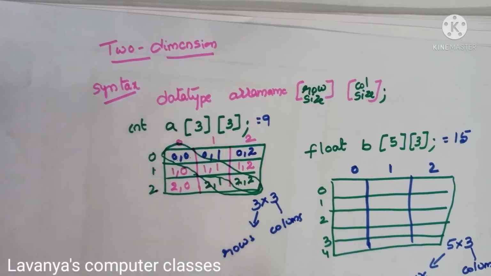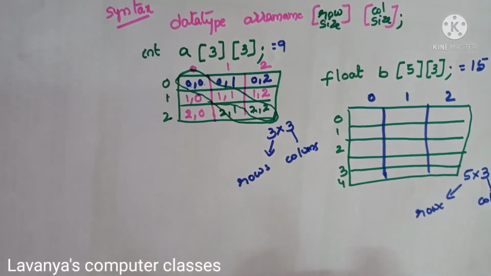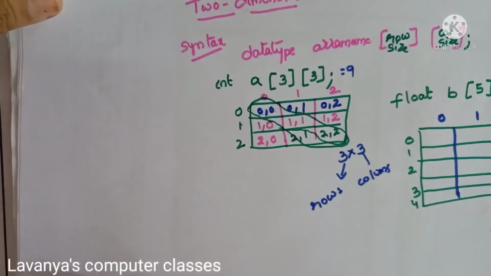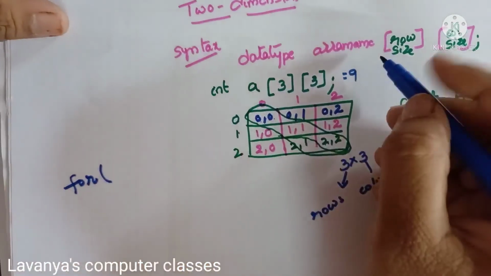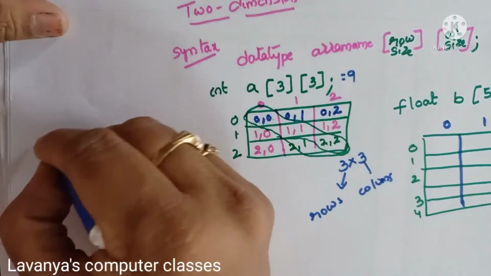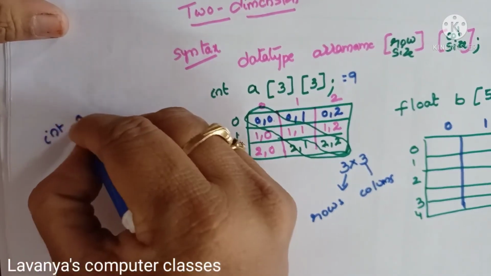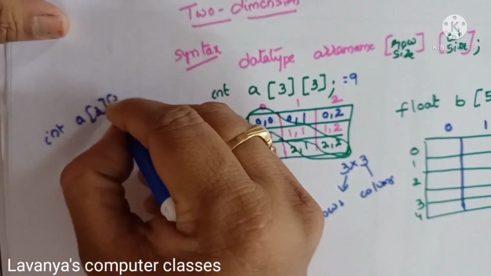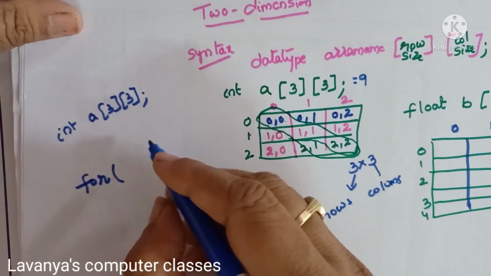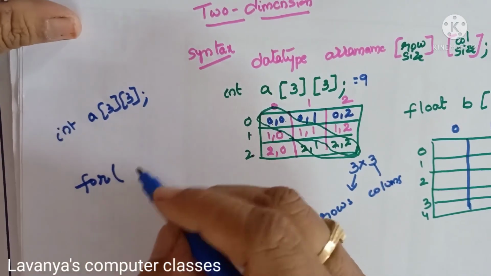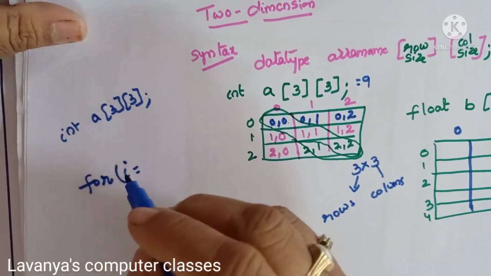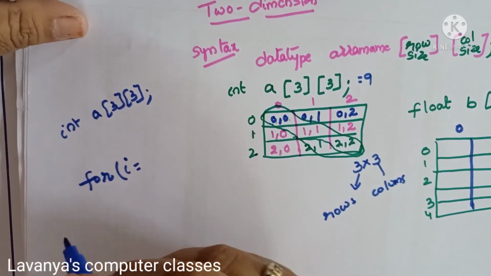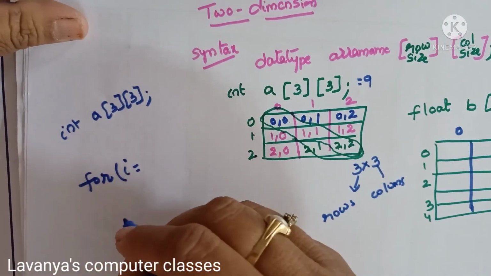So in a double dimensional array, how can we take the elements? For this we need loops, for loop. 2 loops we need, 1 loop for row and 1 loop for columns. For example, I want to take int a of 3, 3. I want to access the values for 3 rows, 3 by 3 column matrix. So 1 for is used for row and 1 for is required for columns. i for row, j for column.